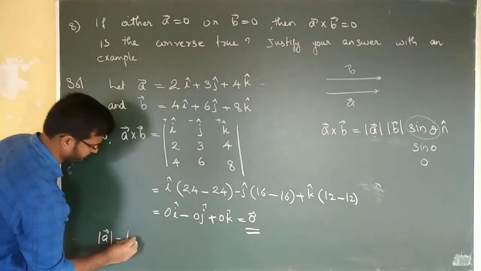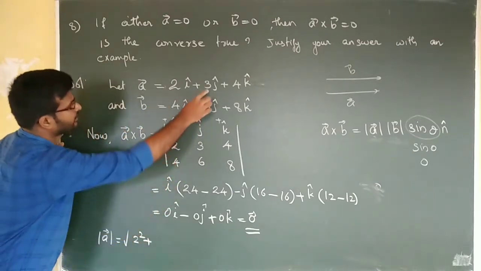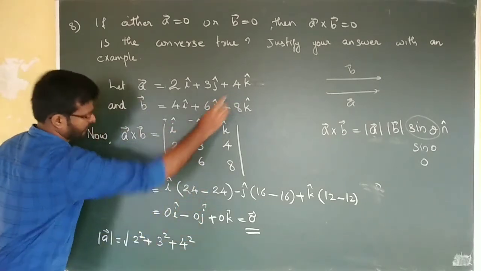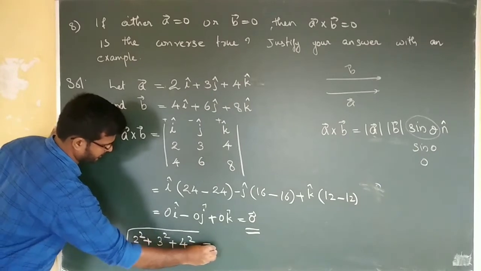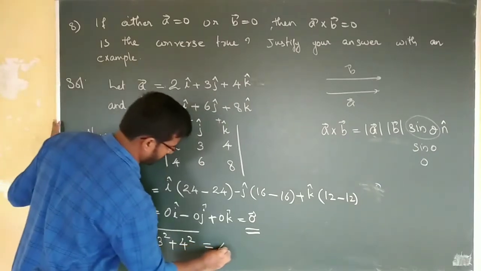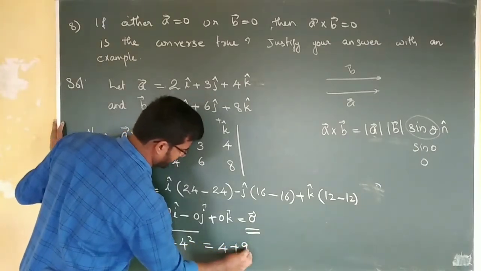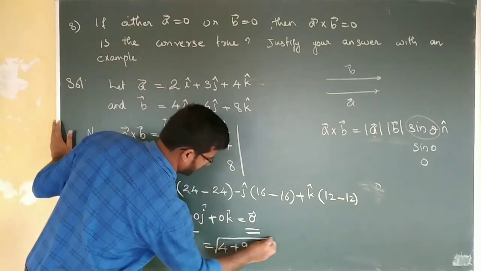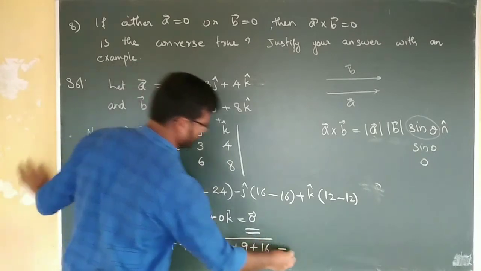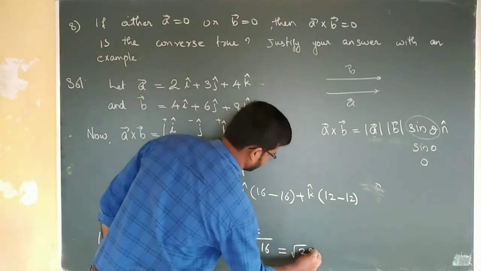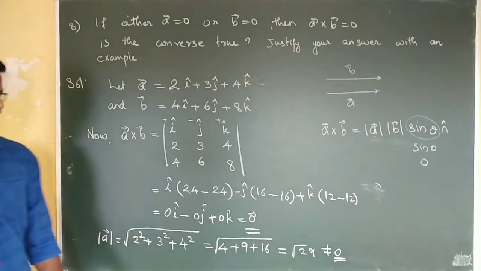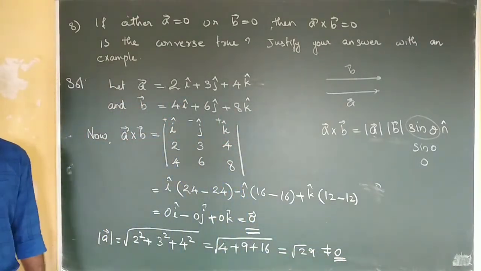That means 2 square plus 3 square plus 4 square: 2 square is 4, plus 3 square is 9, plus 4 square is 16, equals 29. Square root of 29 is not equal to 0. So we can say a vector is not a 0 vector.